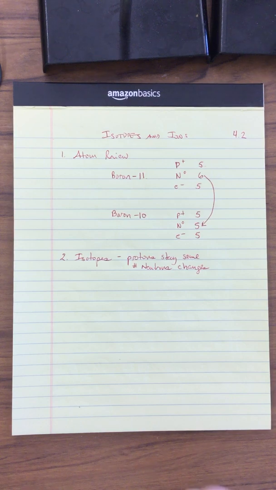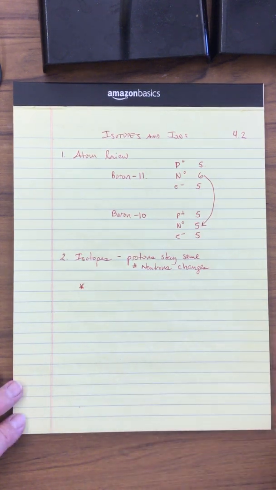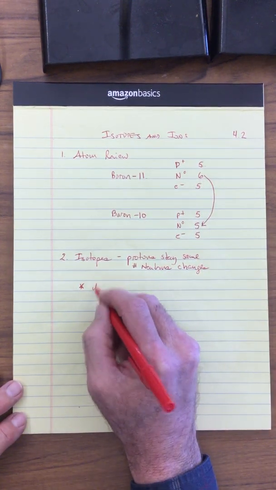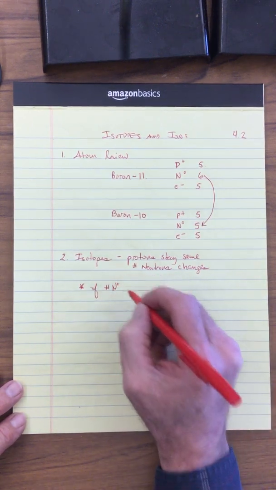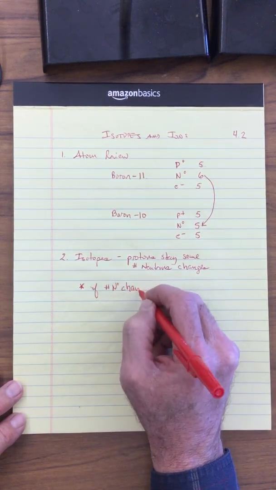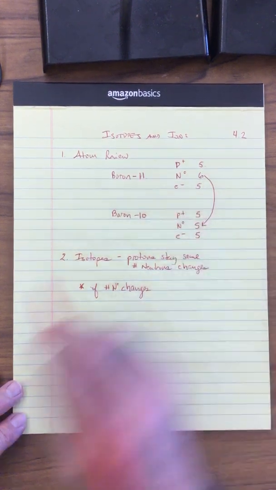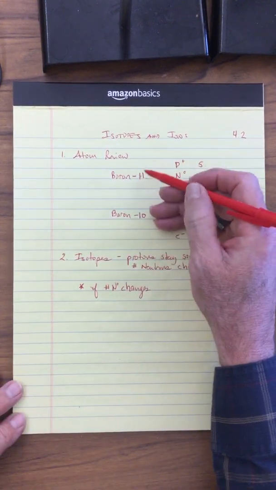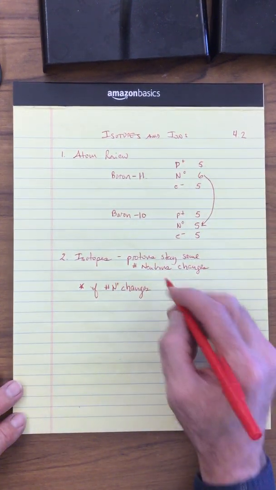Let's go over the main concepts of this. If the number of neutrons changes, just like we did here, what again is changing? This is what is changing. It's going from 11 to 10. What does this number represent again? This is the mass.